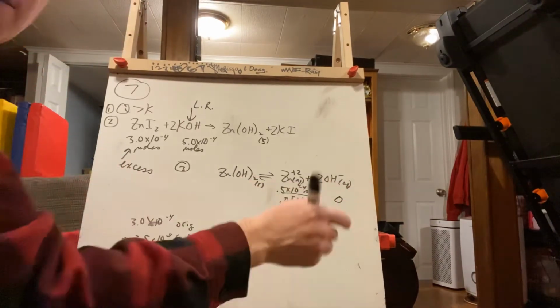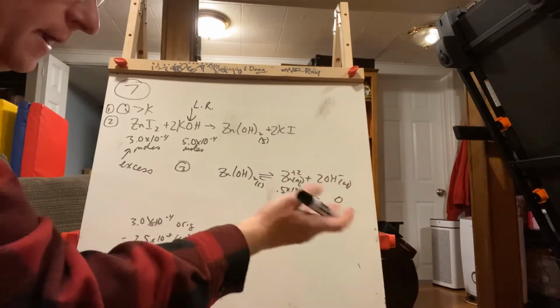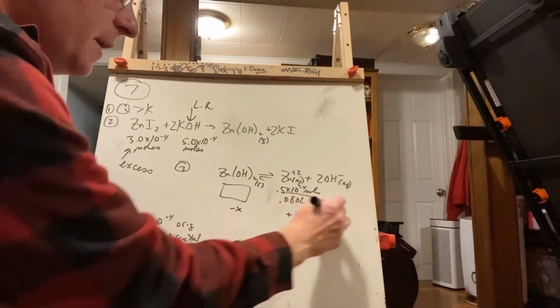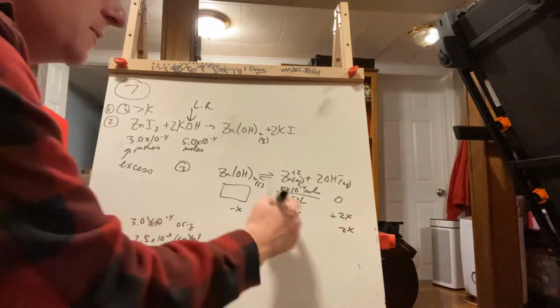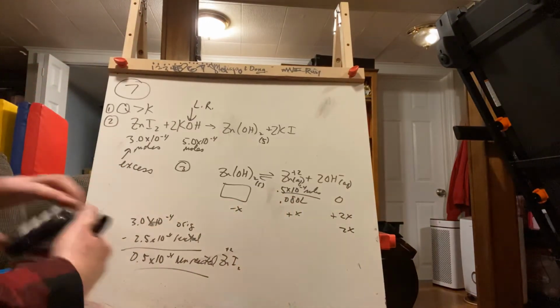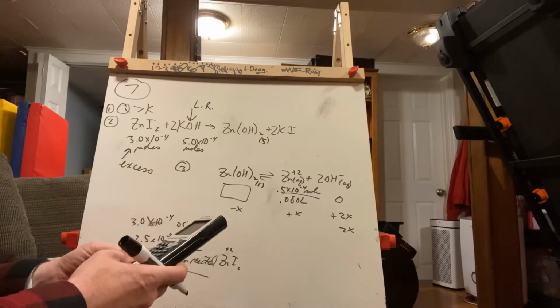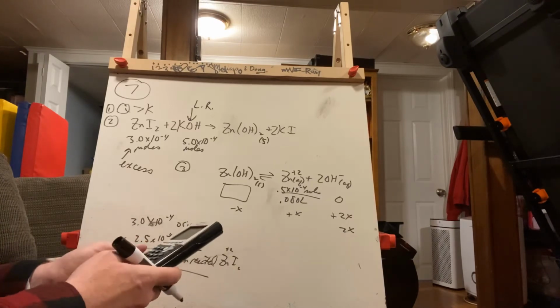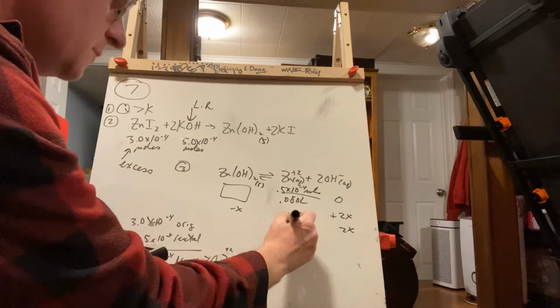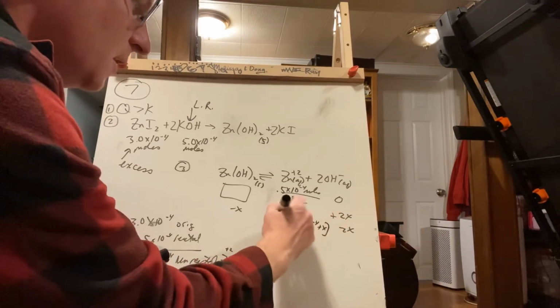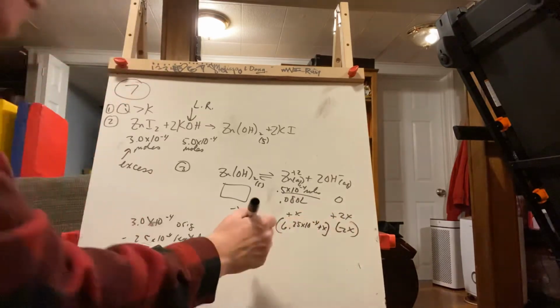And now it's basically just a common ion question. So minus x, plus 2x, 2x. 0.5 times 10 to the negative 4th divided by 0.08 gives us 6.25 times 10 to the negative 4th plus x. So those are our equilibriums.